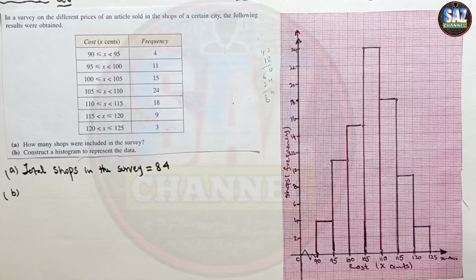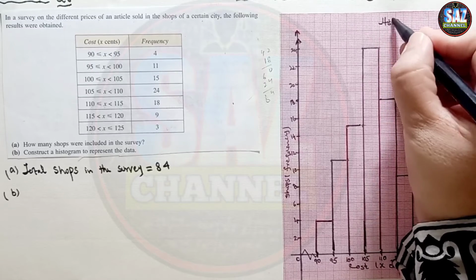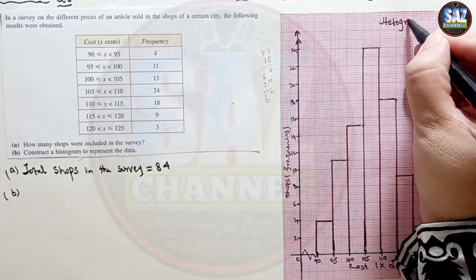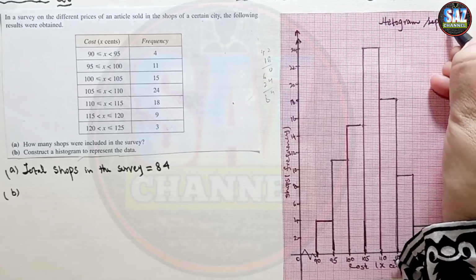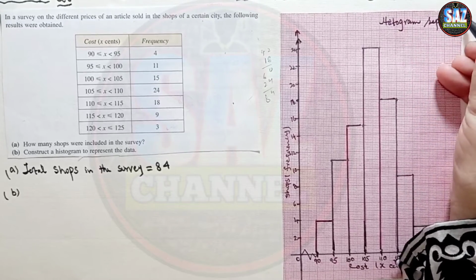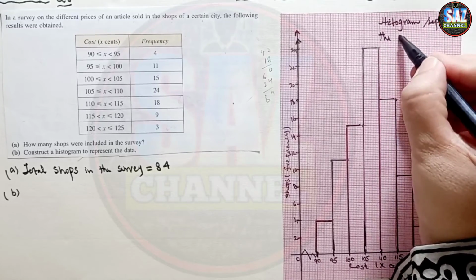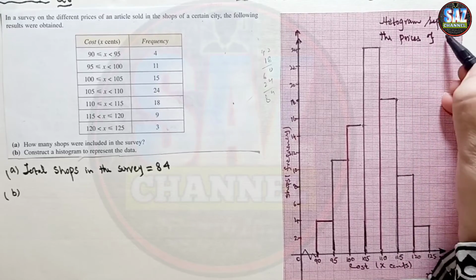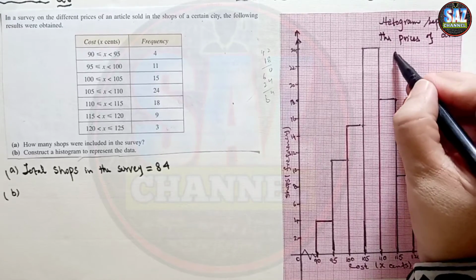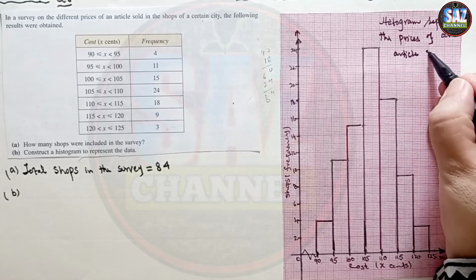Histogram representing the prices of an article sold in shops.